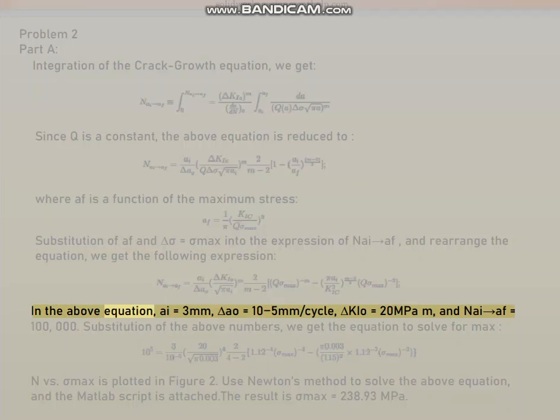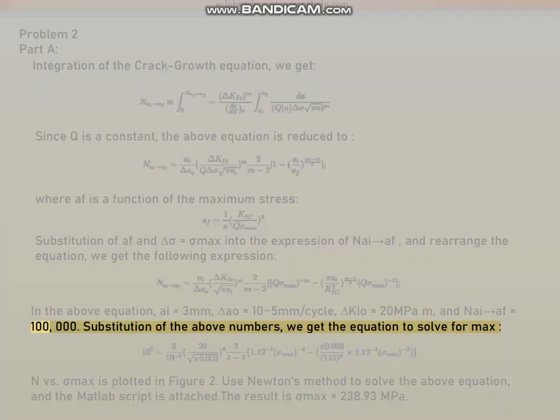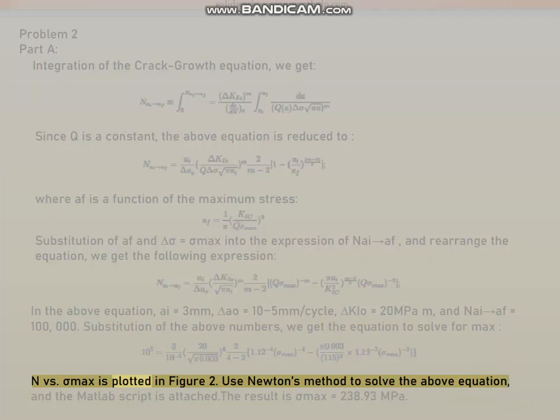In the above equation, ai equals 3 mm, delta a0 equals 10^-5 mm/cycle, delta Ki0 equals 20 MPa square root m, and N i-af equals 100,000. Substituting the above numbers, we get the equation to solve for sigma max. N versus sigma max is plotted in Figure 2.